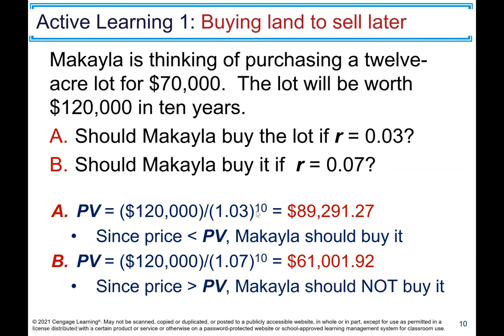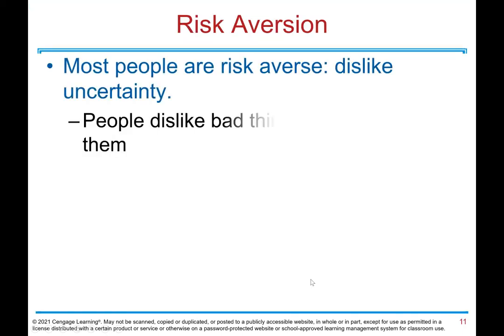What about number B? Present value is 120,000 divided by 1.07 raised to power 10, which is equal to $61,001.92. Since price is greater than the present value, Michaela should not buy it.